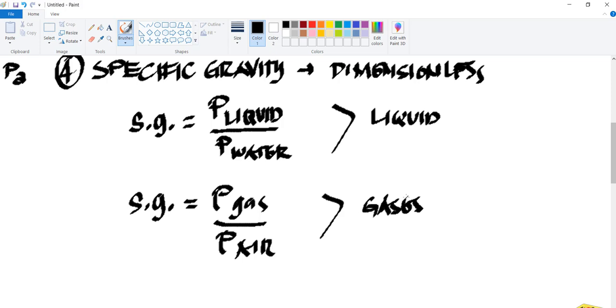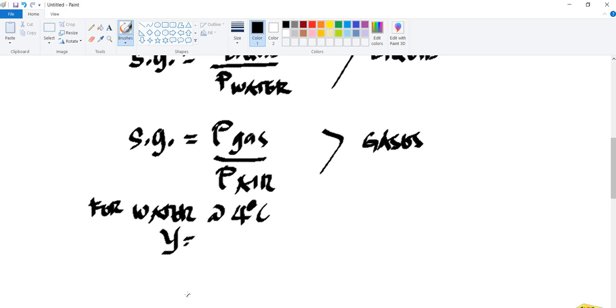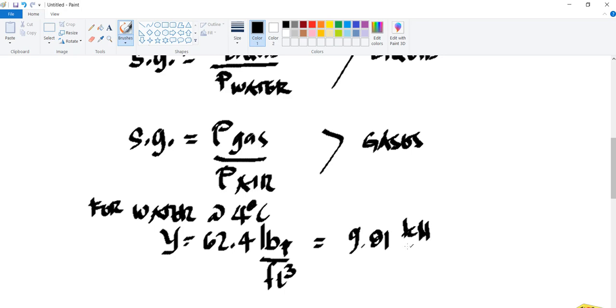Now for water, we have the properties of water. For water at 4 degrees Celsius, we have the following properties: the specific weight is equal to 62.4 pound force per cubic feet, which is also equal to 9.81 kilonewton per cubic meter.